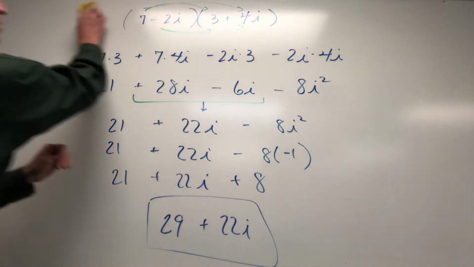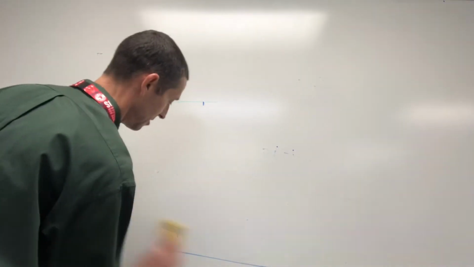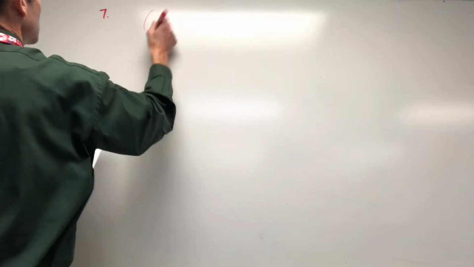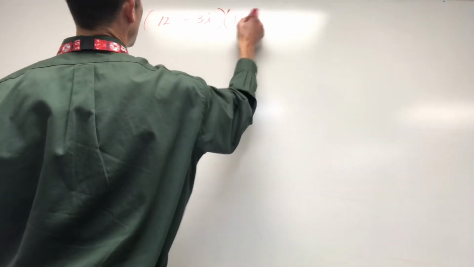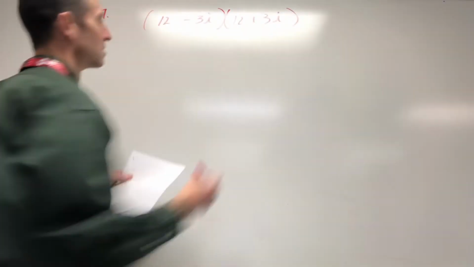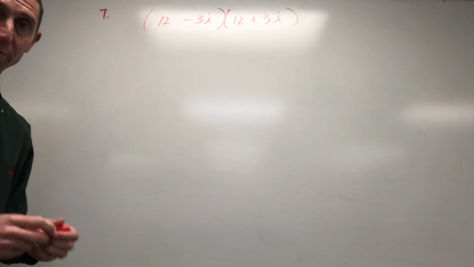All right, let's do a version of this that's going to be a little easier. Number 7. All right, I got a 12 minus 3i, and I got a 12 plus 3i.